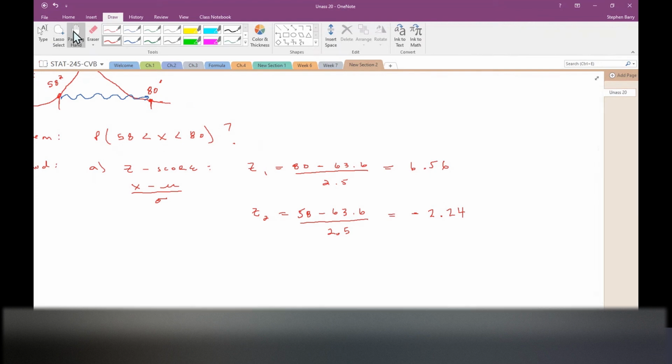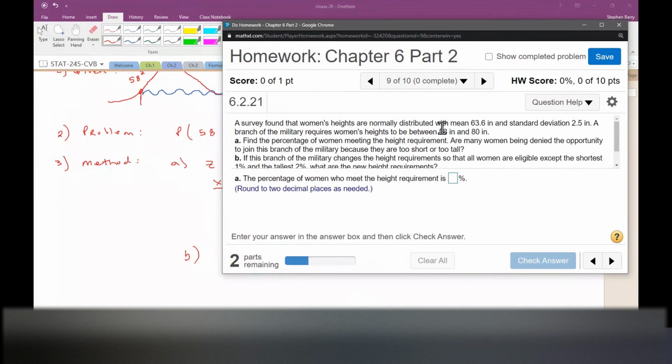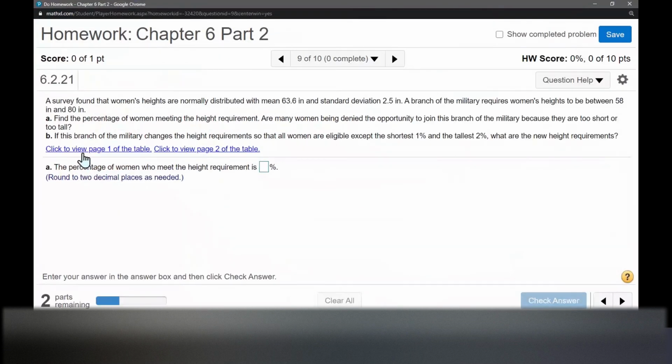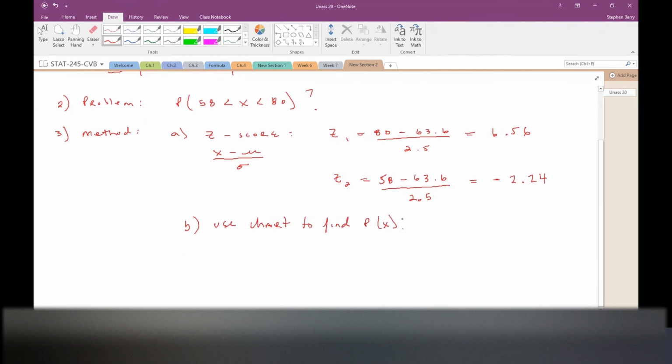All right, so next step: find the z-score, and then you're going to use the table, or Excel. In this example, let's use the table because they're asking us to. If you look here, it says use the table. So let's use it when they say to use it, and find the corresponding probabilities.